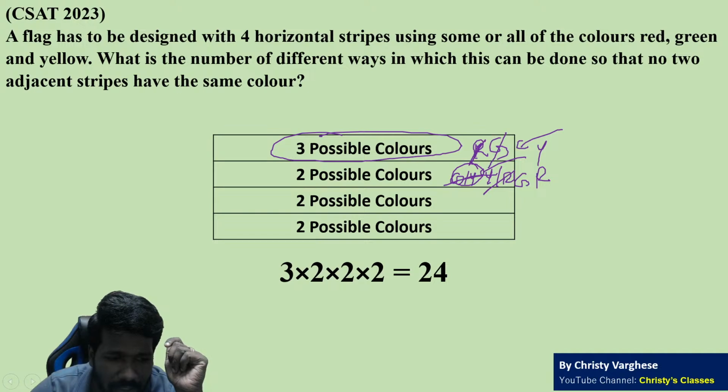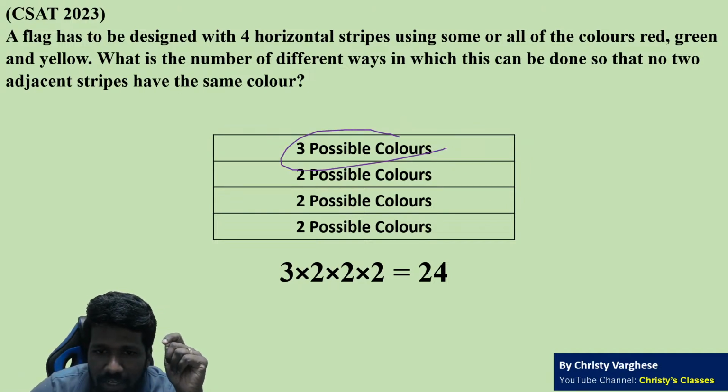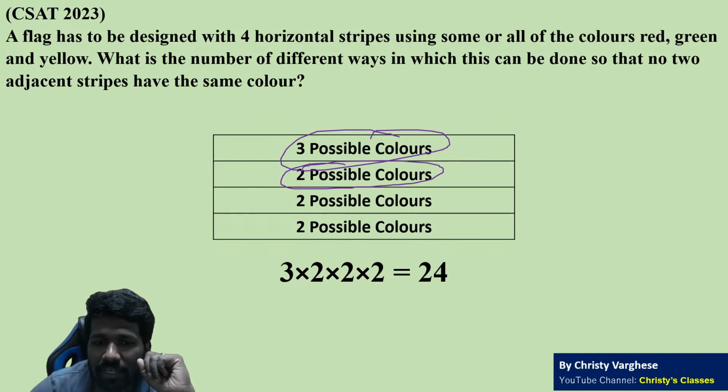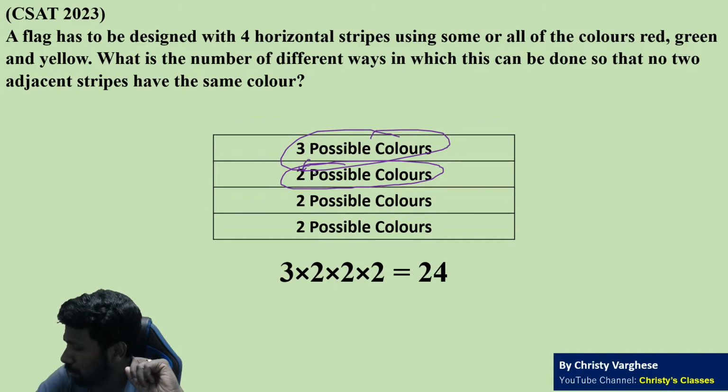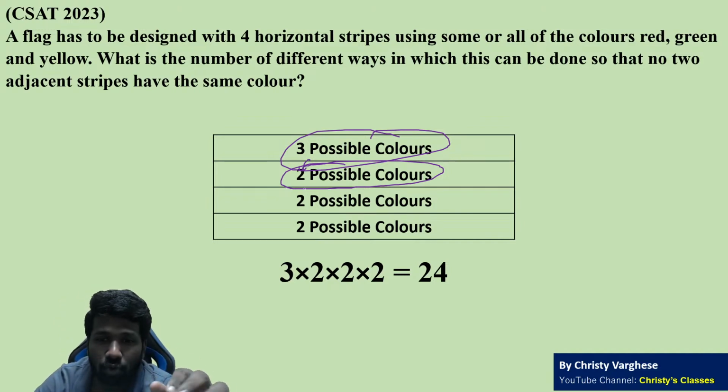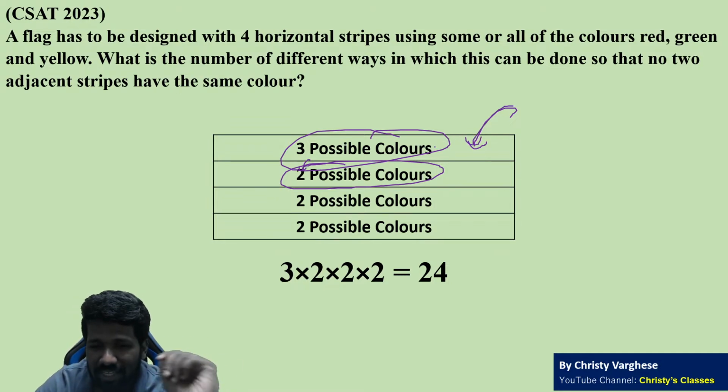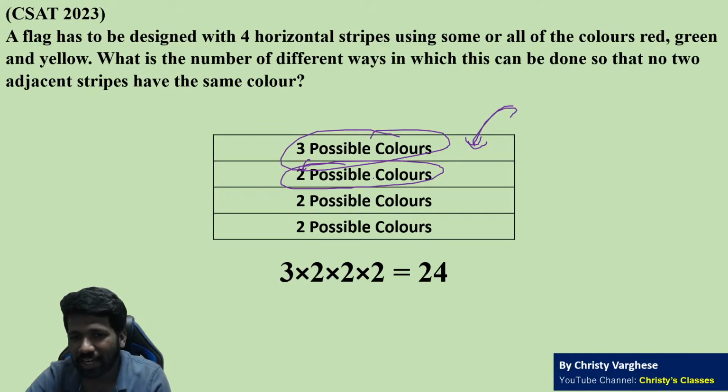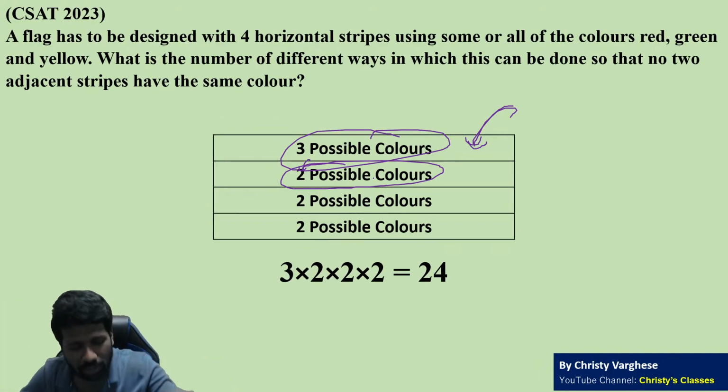That means whatever color you fix here, that color is not possible for the second strip. That is why only two possible colors here. Are you all understanding? Which are the two possible colors? We can understand only if we know what color we filled here. That has three possibilities now. Just like the shirt analogy: shirt 1 or shirt 2 or shirt 3 or shirt 4. We don't know which we choose. We have all choices.